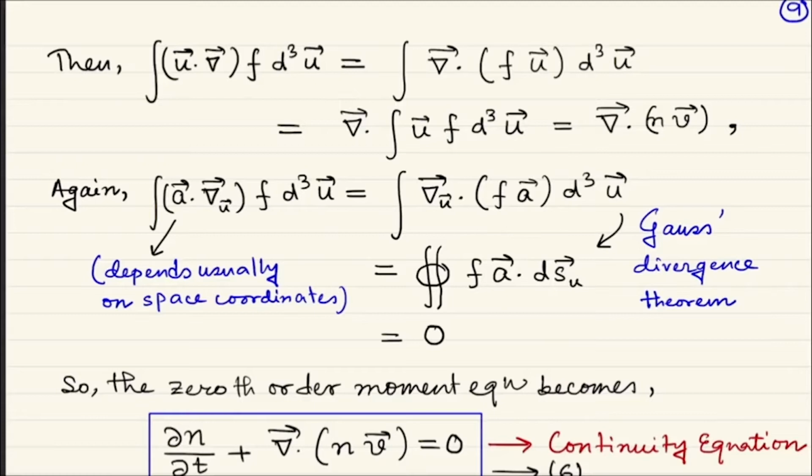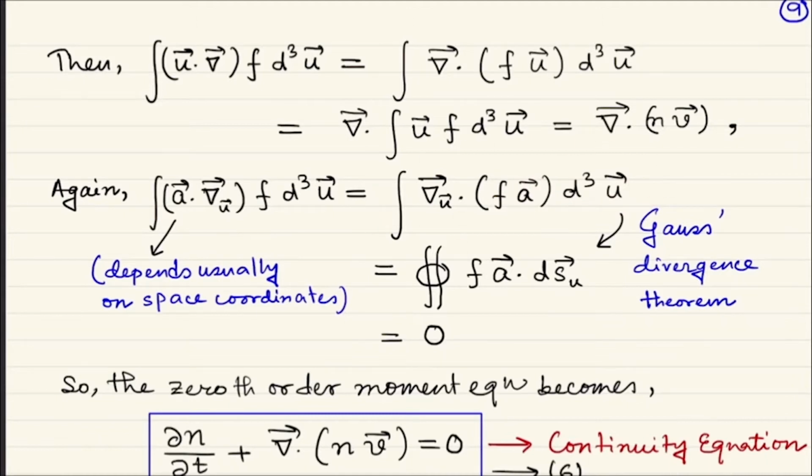Now here, because we don't have charged particles, we just have gravity in mind. So a can enter as a constant vector: a can be a function of time, a can be a function of space, but not a velocity function. So it will come inside. Now you have a velocity divergence of some quantity, volume integrated in velocity space.